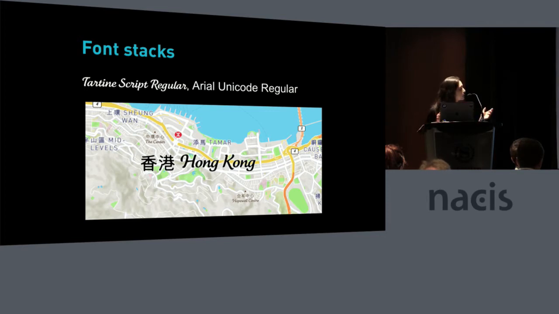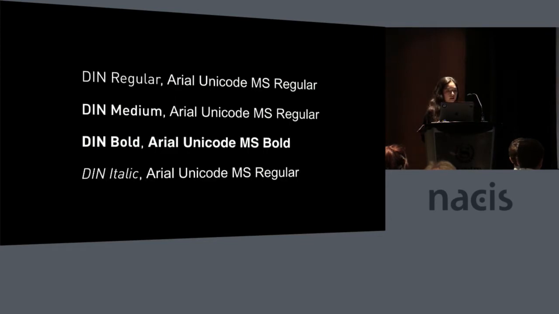We define a fallback system for font usage, so a glyph is displayed in the first font in the stack that supports it. You can see here, the first font supports English but not Chinese, and Arial Unicode supports Chinese. That's how we handle it. We use these font stacks listed here in our English map. The first font supports Latin, Cyrillic, and Greek, and the second font supports the rest.